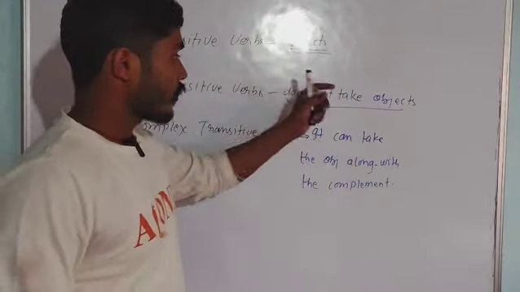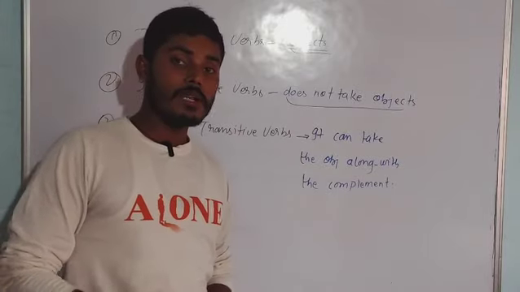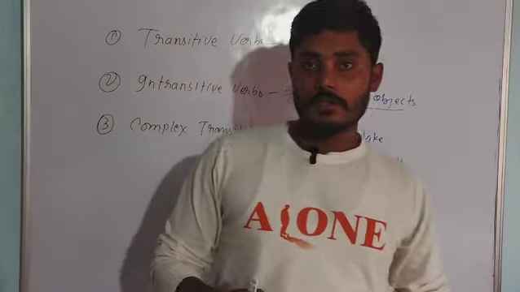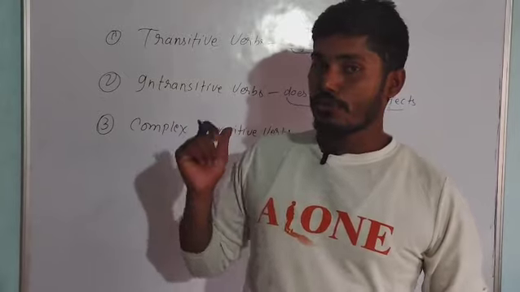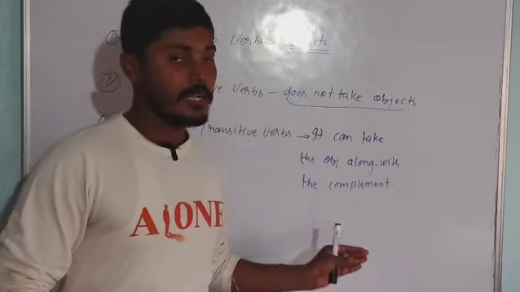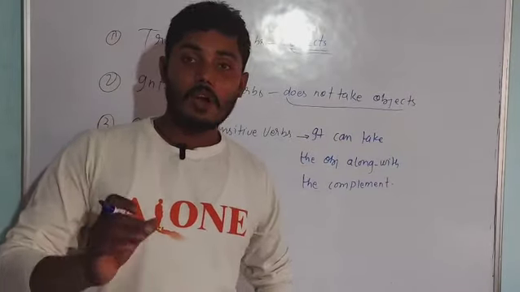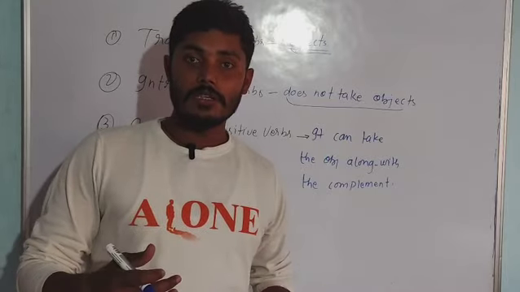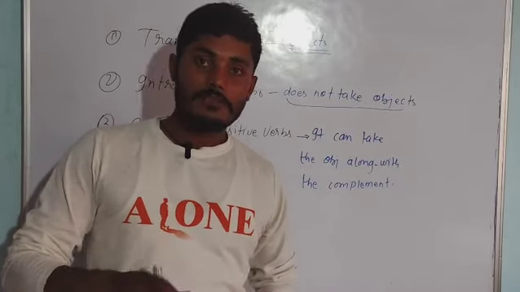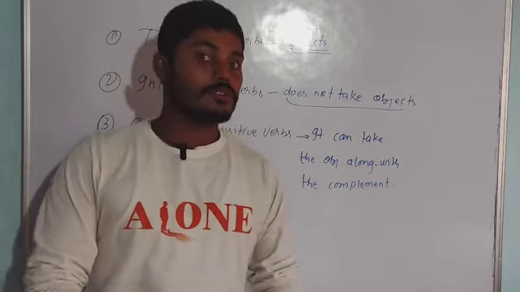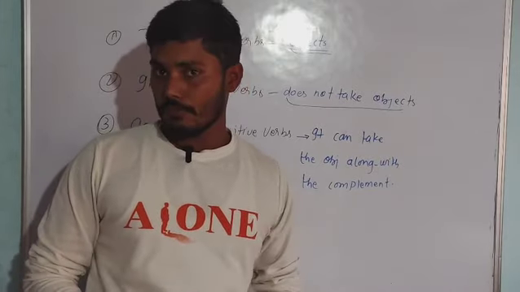You might be thinking, what are objects and what are the complements? Let me give you a short view of these two things, which are objects and complement. So basically object is someone or somebody who receives the effect of the action. That person or the thing is known as the object.